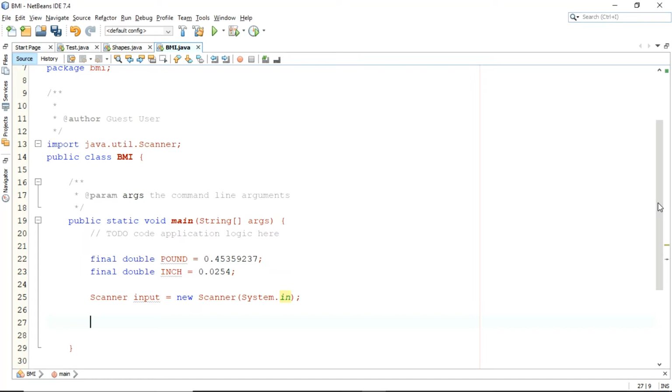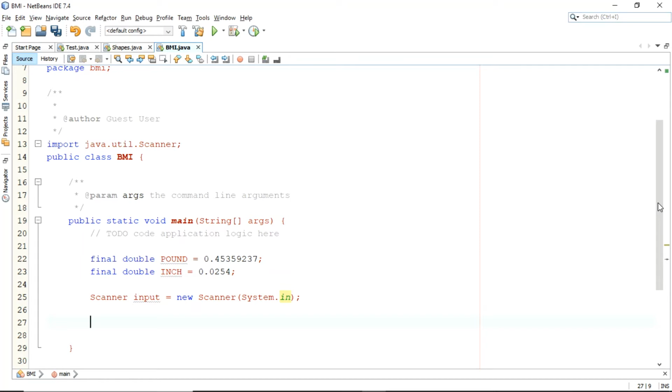So System.out.println. So we shall say "Enter your weight in pounds."